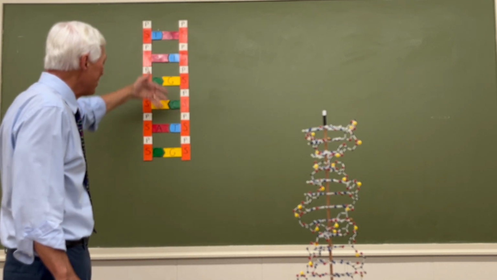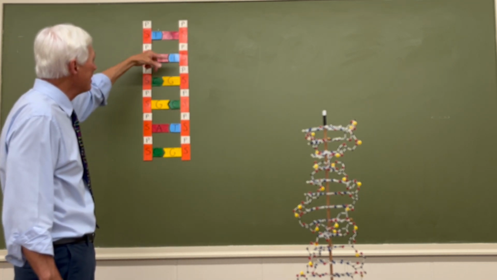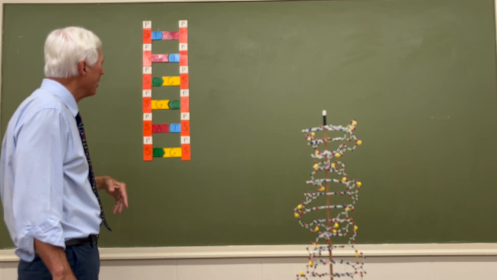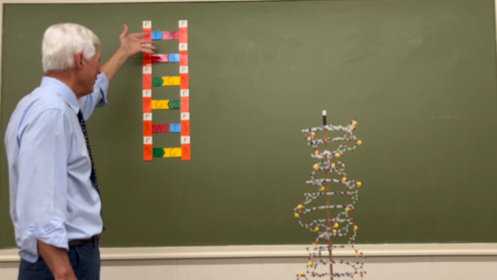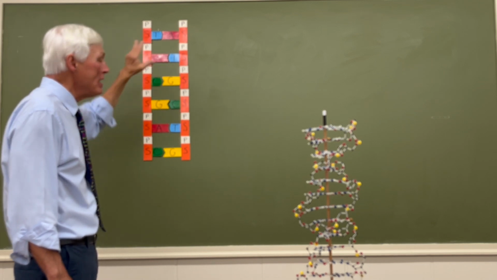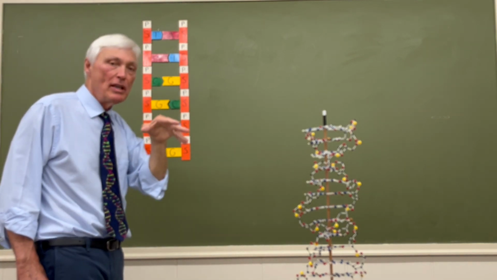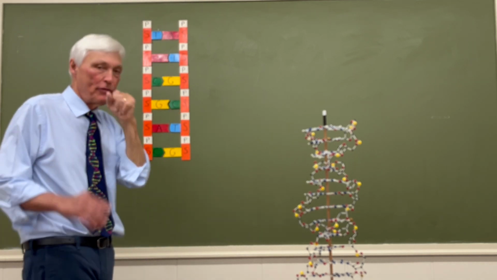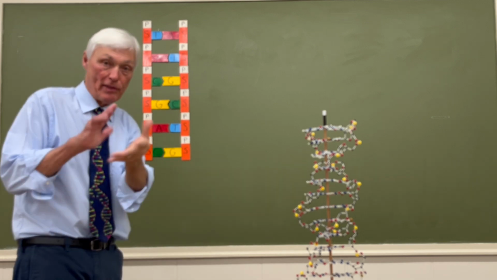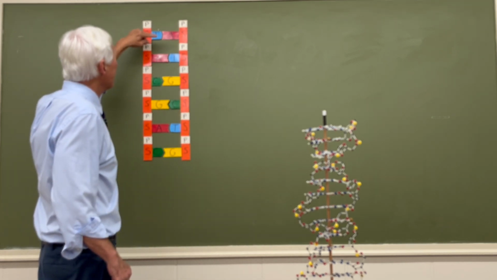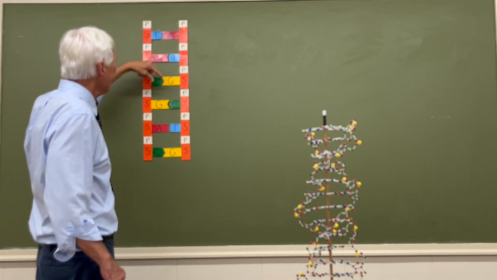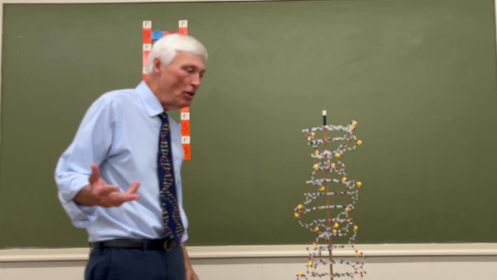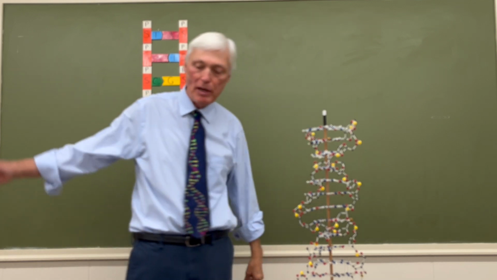Here's another way to look at that. Look at these base pairs here. TA, AT, CG, GC, AT, CG. Now, if you were to try to read all 3 billion base pairs of your DNA, like this fast, TA, AT, CG, GC, AT, CG, how long would it take you to read all 3 billion base pairs?